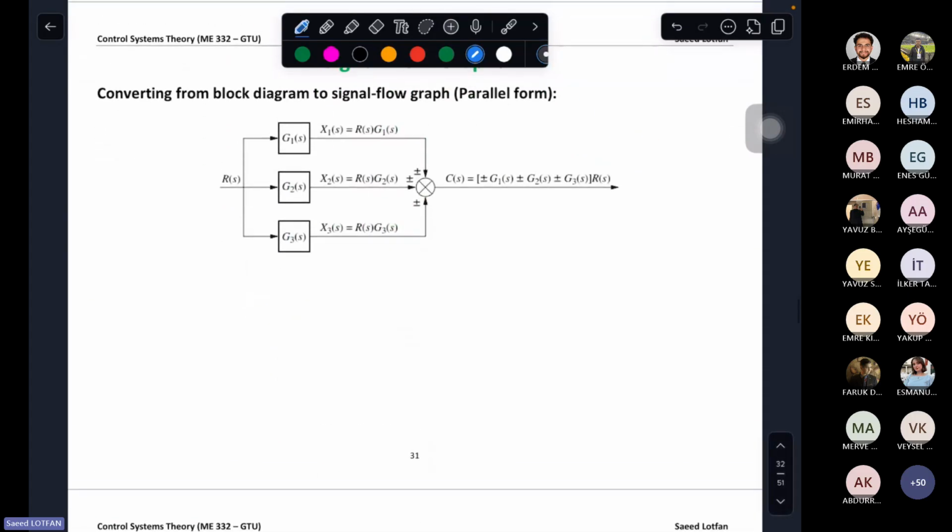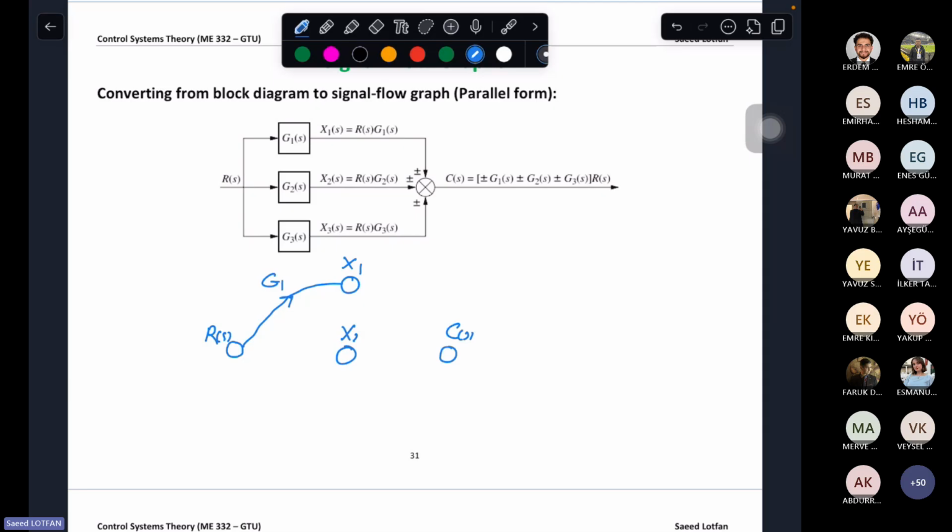If we have parallel form, here we have signal RS and signal CS. R comes to a flow like this and gives us X1 by G1.